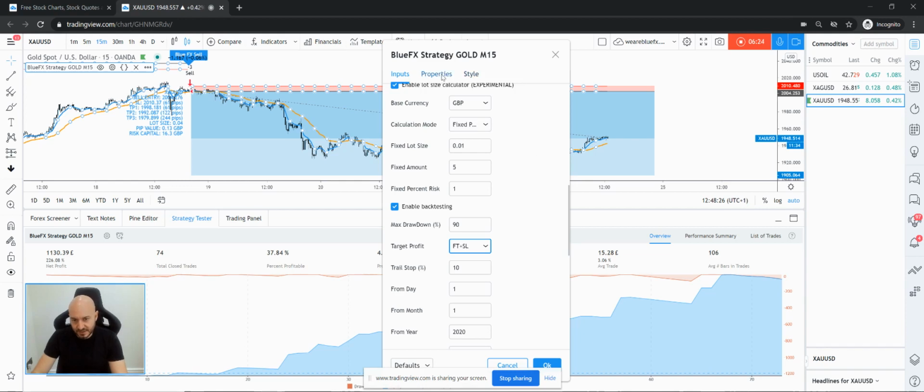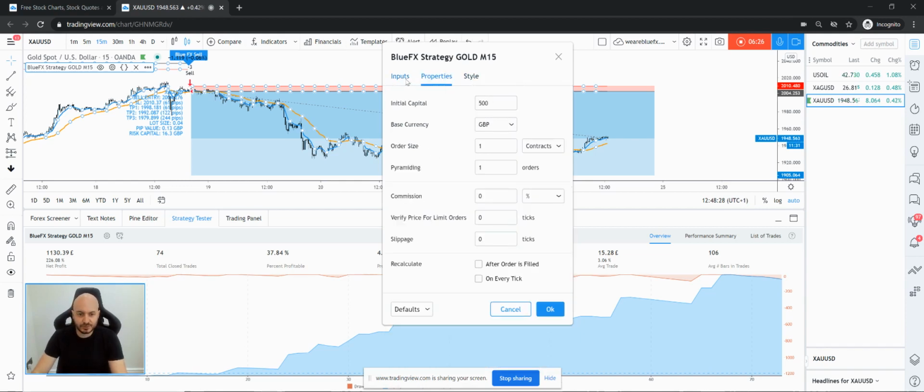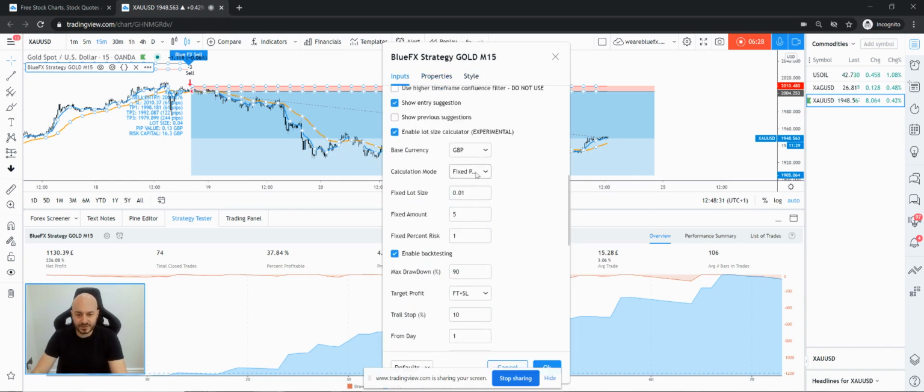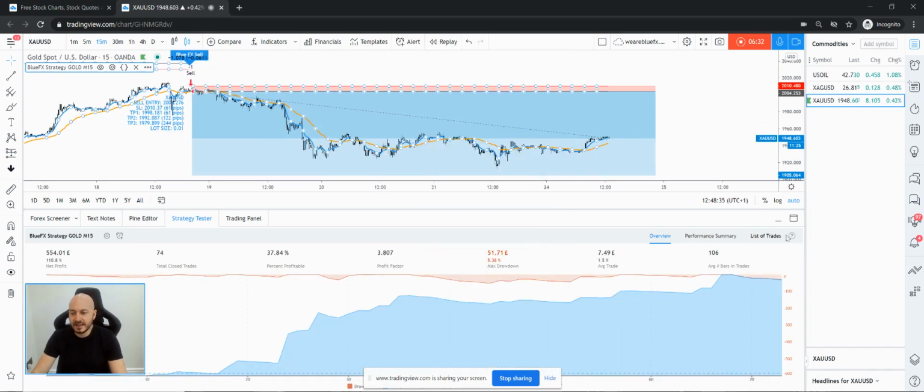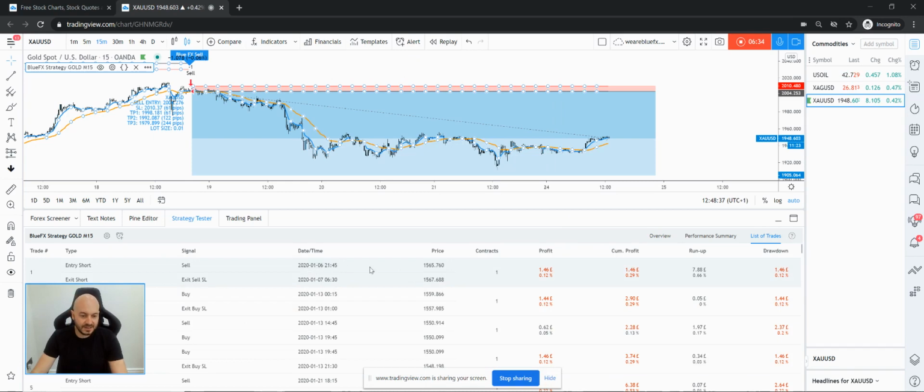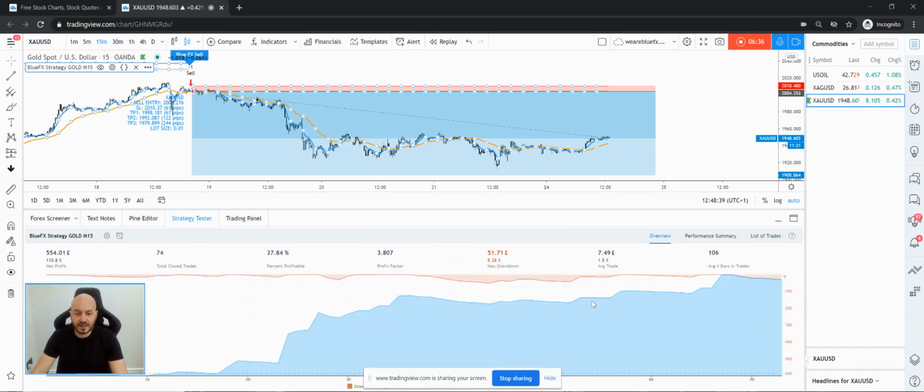And another interesting thing, if you were to have started with a £500 account, instead of risking 1% per trade, if you wanted a fixed lot size of 0.01 and you started on the 6th of January, then you would still have over doubled your £500 account. Which is really quite crazy, really.